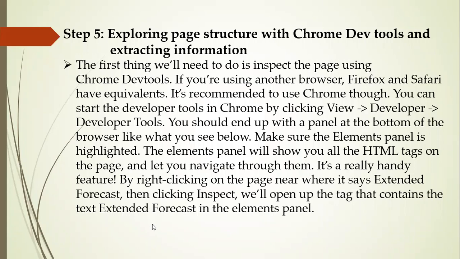It is recommended to use Chrome, by clicking View, Developer Tools. You should end up with a panel at the bottom of the browser like what you see below. Make sure the Elements panel is highlighted.